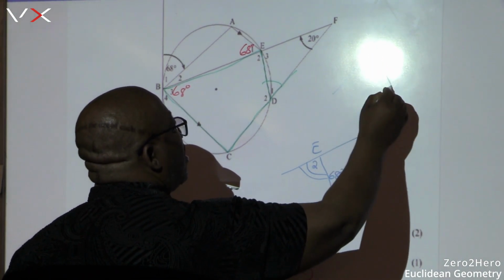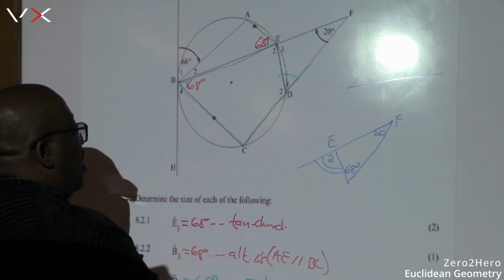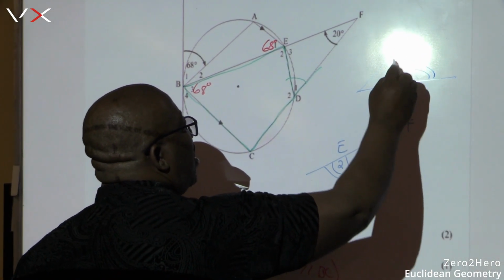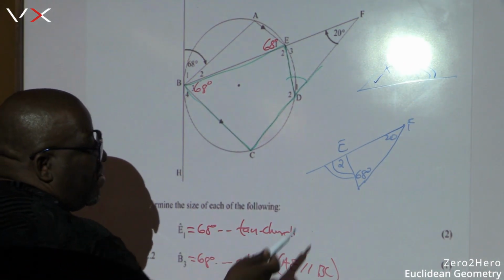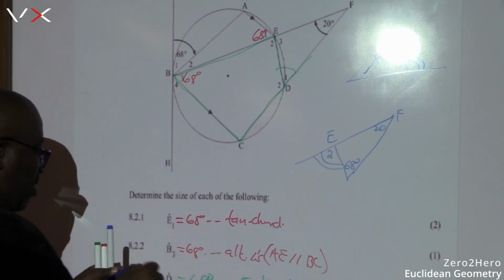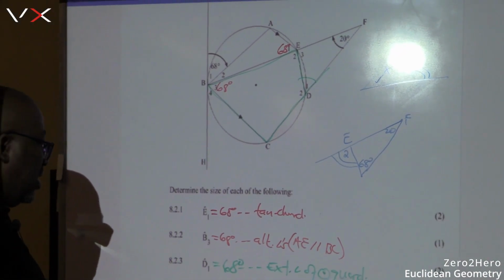Remember this? That the exterior angle, this angle here, is equal to this angle plus this one. So these two will give me that one. In the very same way, E2 will be equal to that one plus this one. It's actually that theorem from grade 8, hence we started there when we're dealing with grade 8, grade 9.